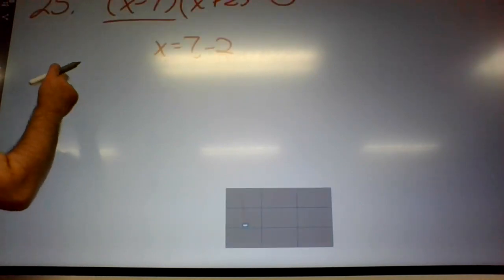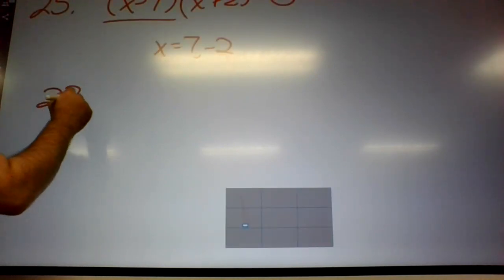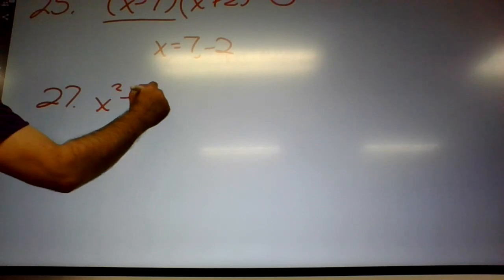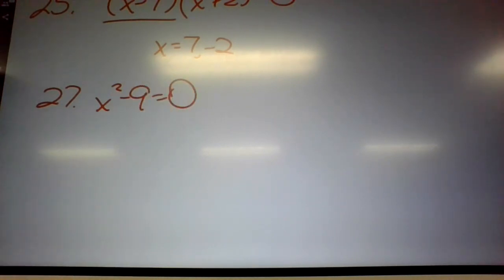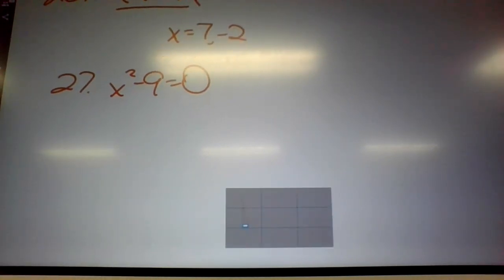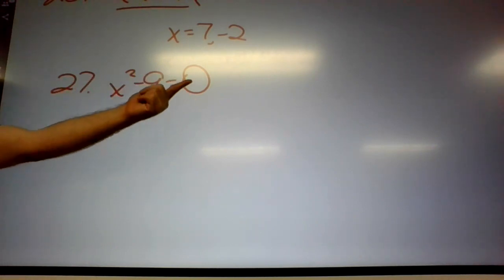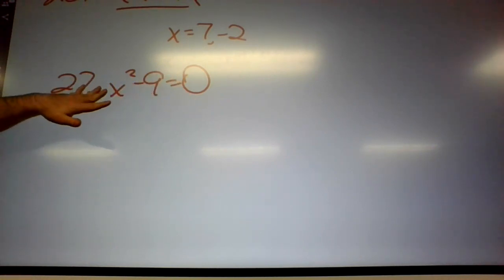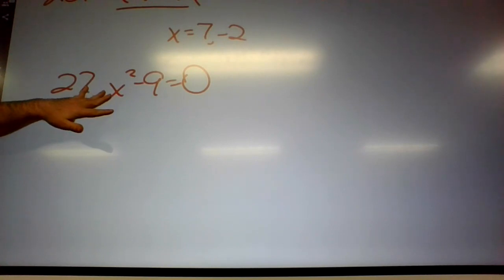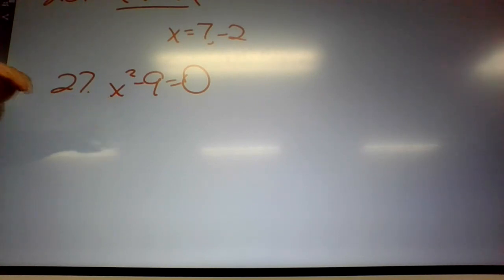Alright, Mallory. There are kind of two ways to do this one. What do you think for 27? Okay, you could factor it because this is a square minus a square. Or because this is a simpler equation, you could just get x squared by itself. Let's try that way. How would I get x squared by itself here?